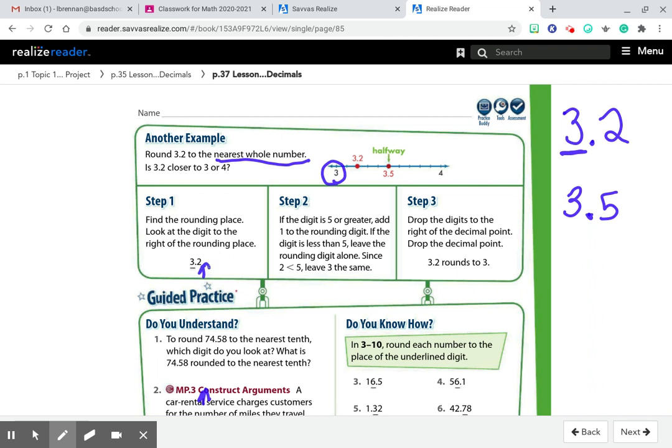If the digit is 5 or greater, add 1 to the rounding digit. If the digit is less than 5, leave the rounding digit alone. Since 2 is less than 5, leave the 3 the same. Drop the digits to the right of the decimal point, and drop the decimal point. So 3 and 2 tenths rounds to the whole number 3. Rounds to 3.